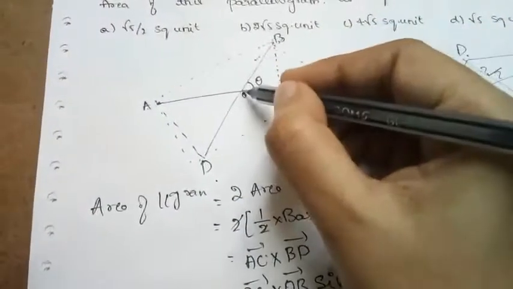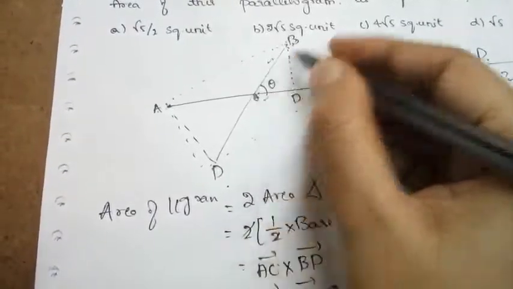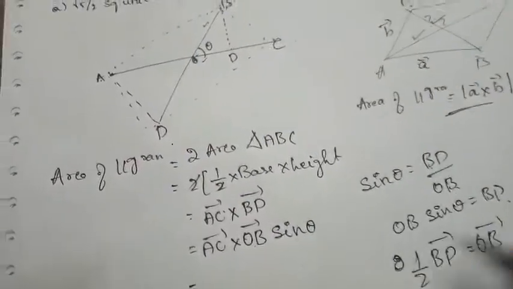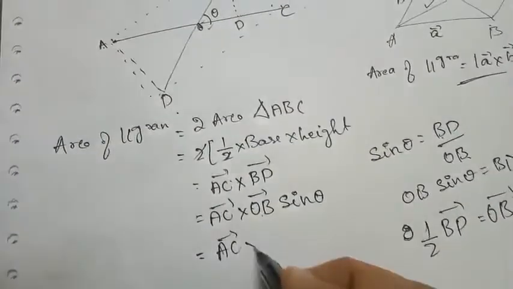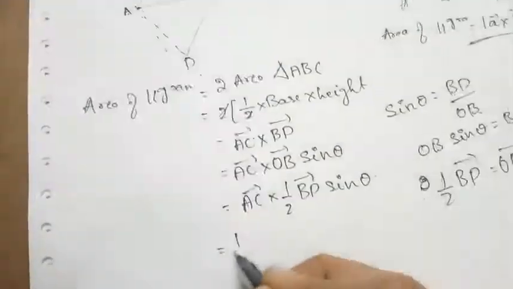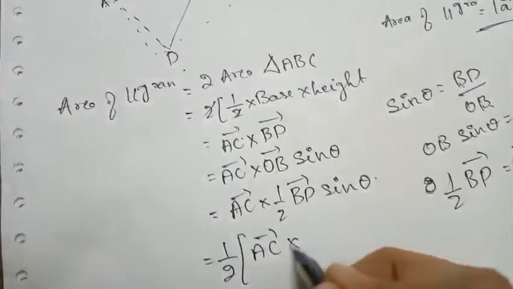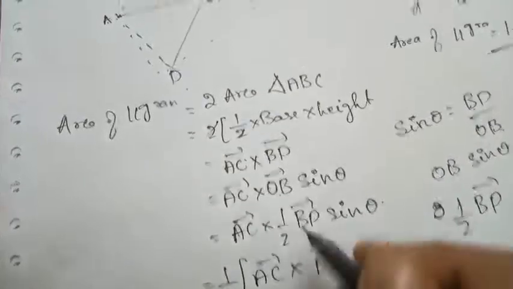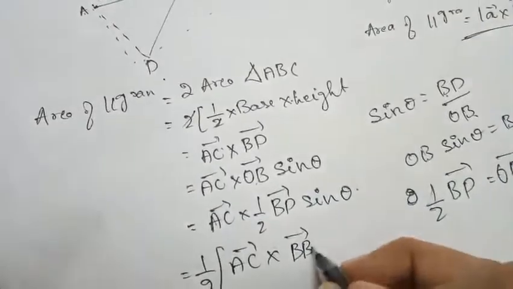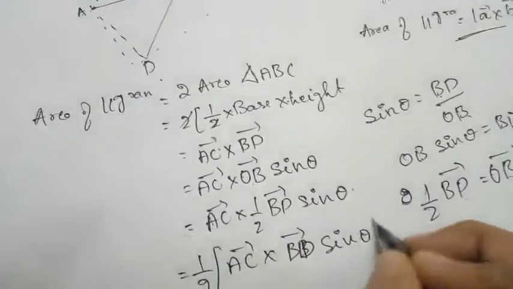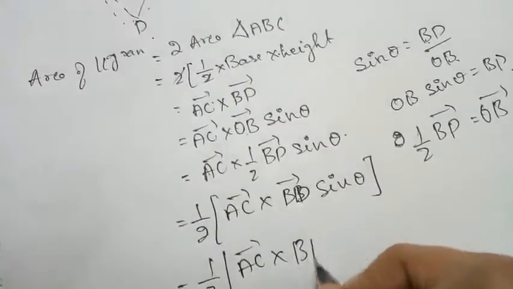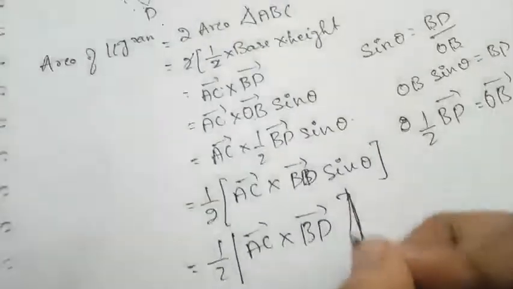So I am replacing that here: vector AC into half of vector BD into sin theta. If I take half outside, what remains is vector AC into vector BD sin theta, which is nothing but half of vector AC cross vector BD.